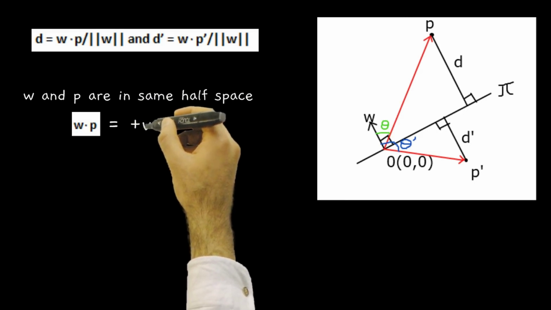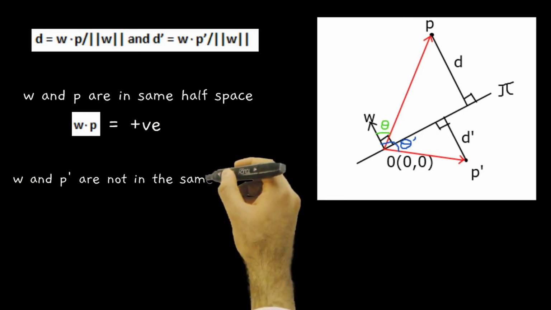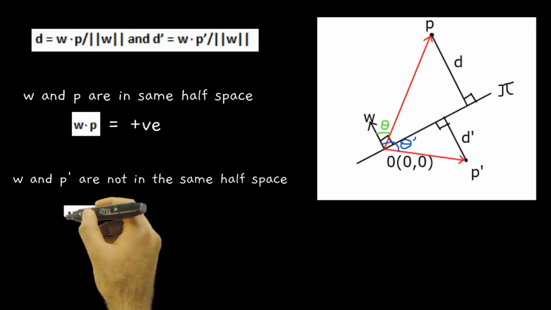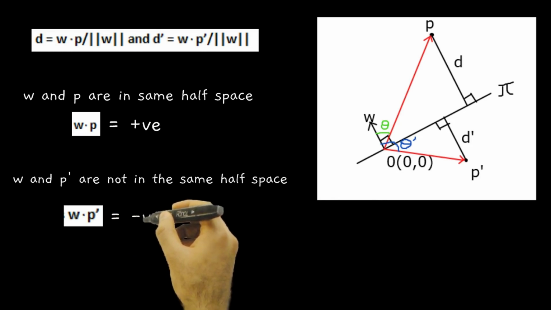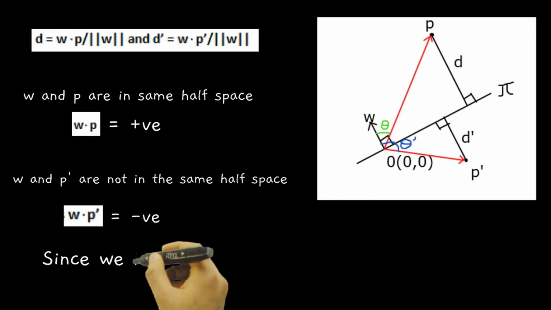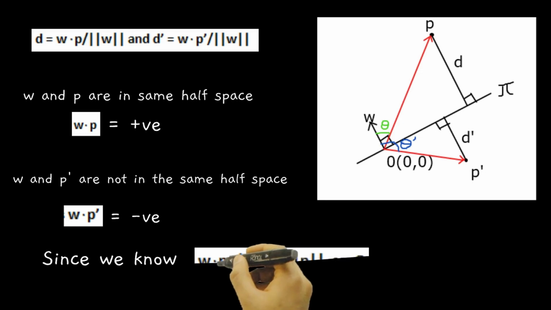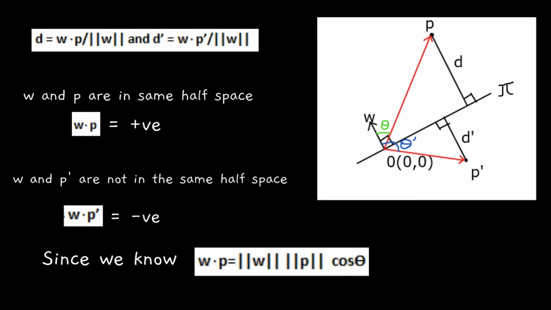The angle between W and P dash is this theta dash, which is greater than 90 degrees, which means W dot P dash would be negative. Because what does the dot product mean geometrically? It is nothing but W dot P is equal to norm W times norm P times cos theta, where theta is the angle between W and P.